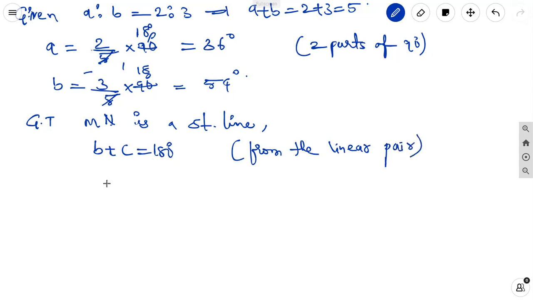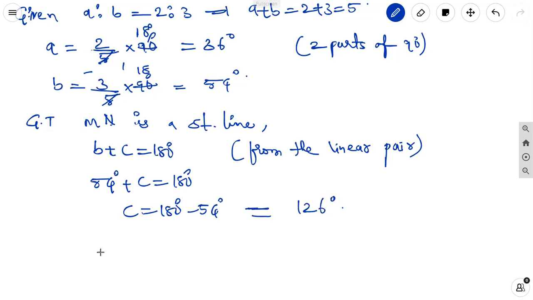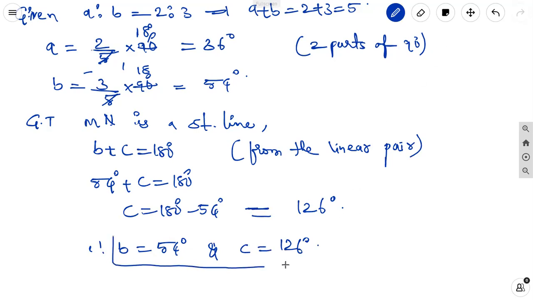We know that B equals 54 degrees, so 54 degrees plus C equals 180 degrees. C equals 180 degrees minus 54 degrees, which is equal to 126 degrees. Therefore, B equals 54 degrees and C equals 126 degrees. You add these two, and you get the linear pair 180 degrees.